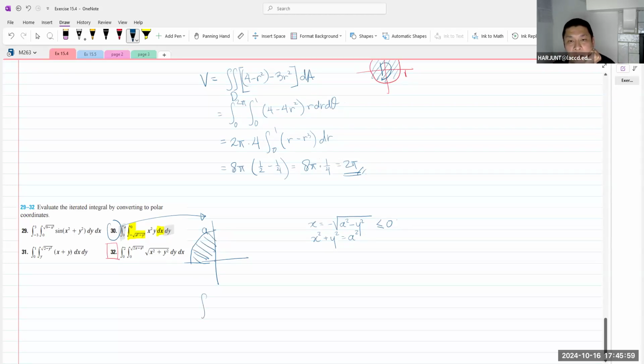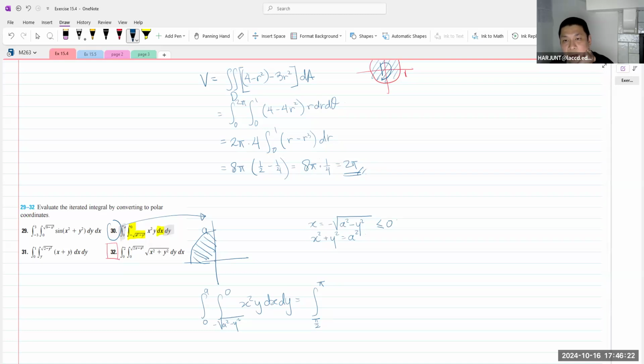So the integral from 0 to a, integral from negative square root of a squared minus y squared to 0 of x squared y dx dy now becomes the integral from pi over 2 to pi. That's quadrant 2.